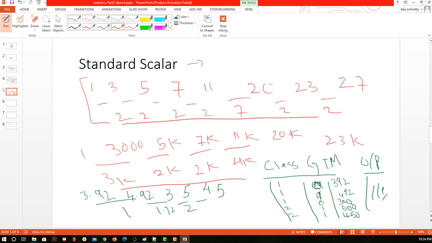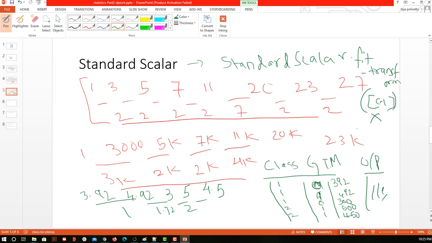You can find it under StandardScaler dot fit_transform. If you pass your list of columns, or X, it will normalize it for you. That's how StandardScaler works for normalization.